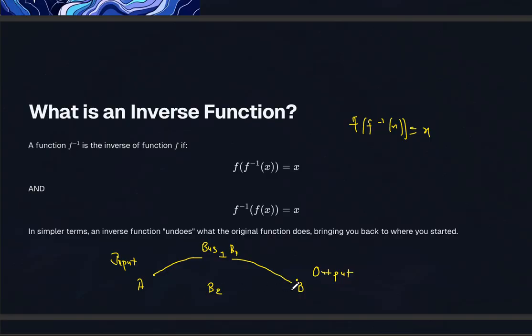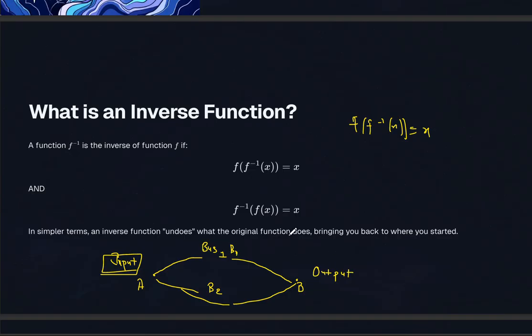What it does is take a passenger from point B to reach point A. So if a person takes a bus from point A to reach point B, and again takes bus B2 from point B to point A, they will reach their initial value. So this is what composing an inverse function with a function does.